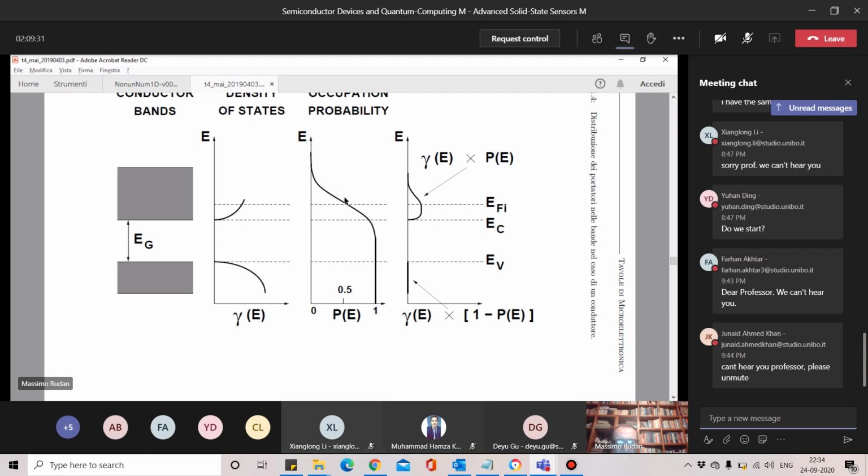So there are states that are empty because the probability of filling the states is smaller than 1. So the conduction band contributes to conduction. So in this case, which is typical of metals, we have a crystal in which only one band contributes to conduction. We stop here, and then we shall continue tomorrow to complete this discussion.